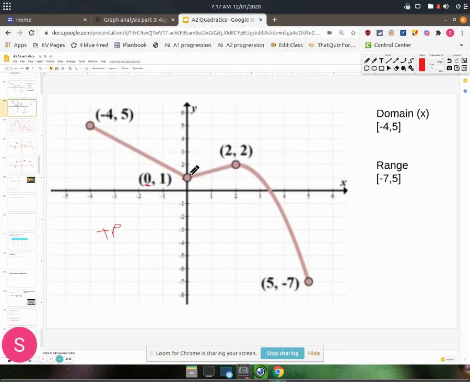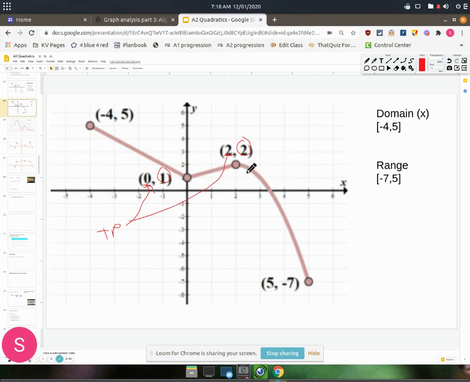So that would be one of our turning points, and it'd be 0. All right, and then the other turning point would be right here where it goes from up to down. So it'd be this 2, all right, that x value there. And then those y values, 1 would be a relative minimum, and the 2 here would be a relative maximum.